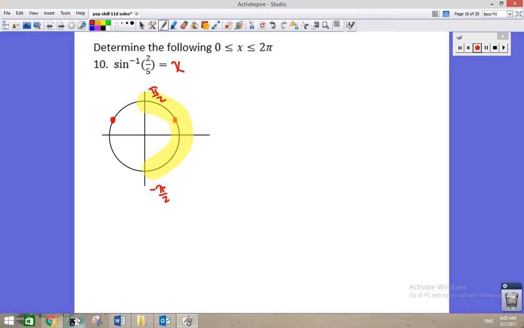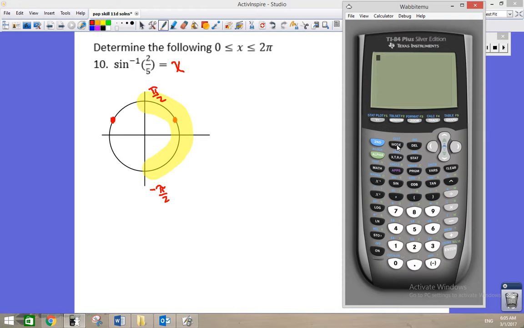So double check that we're in radians, and if I go inverse sine of 2/5, the calculator is going to return a value of 0.4115. And just to distinguish my different solutions, I just arbitrarily call it x1. All right, and that's in reference to this point.